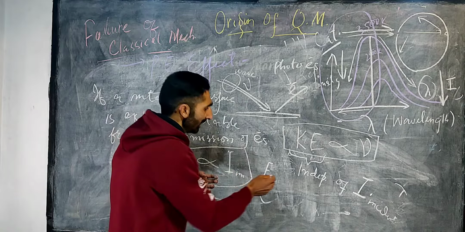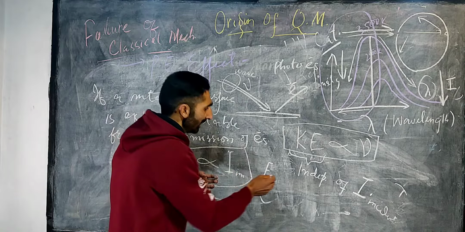On the basis of this assumption, he concluded that light is not only a wave, it also acts like a particle, because only a particle can behave like this, with an increase in kinetic energy with the increase in frequency.